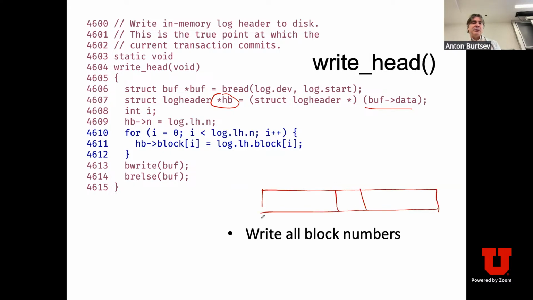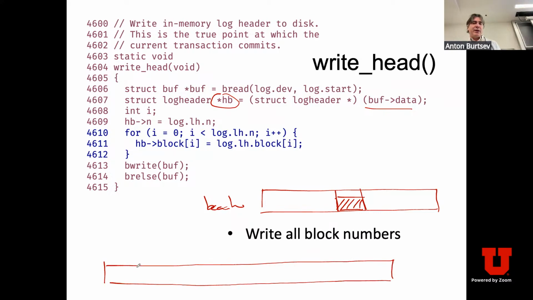So if this is the B cache, this is the buffer which represents this block. This is 512 bytes, which will represent this specific block, which is, if this is your disk area, this is your logging area. And this is the start.